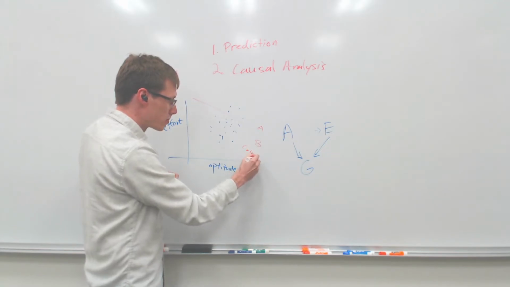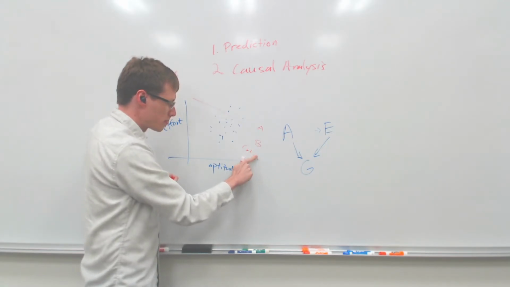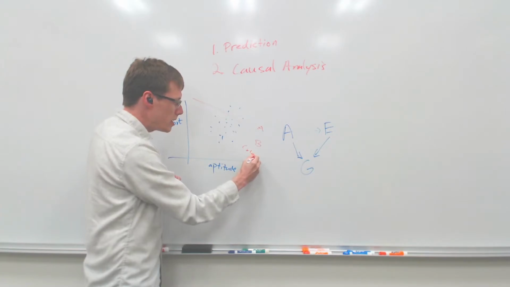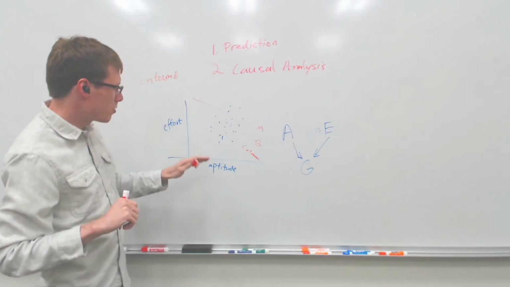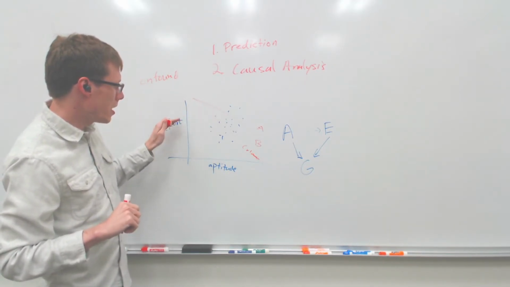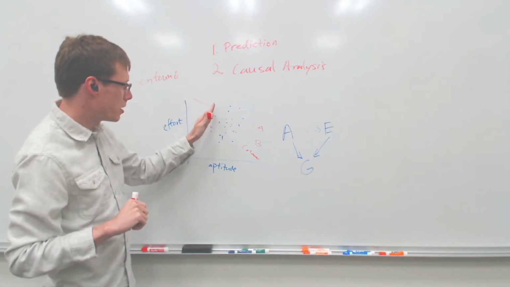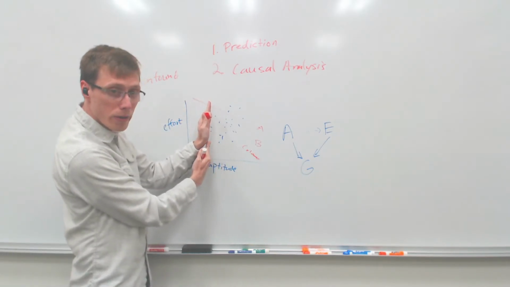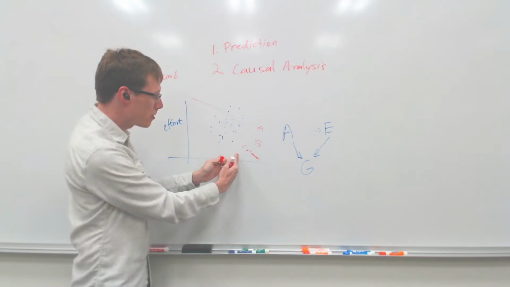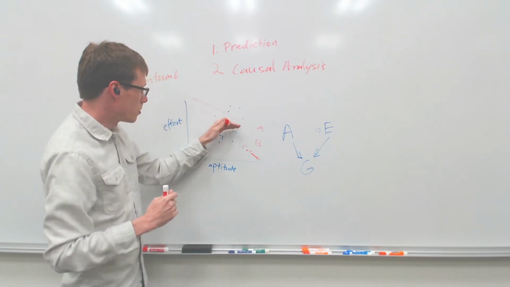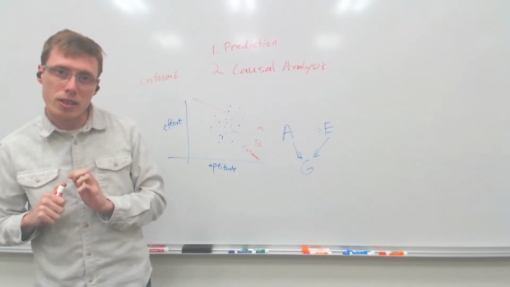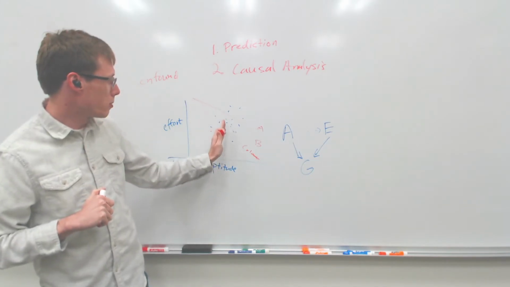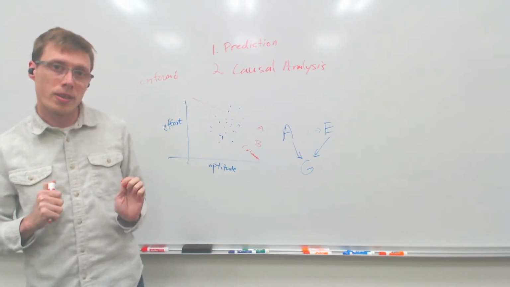But for a B, you either had to have relatively high effort and maybe a little bit lower than average aptitude, or maybe a little bit higher than average aptitude and a little bit lower than average effort, right? Or maybe a little bit above average on both, right?